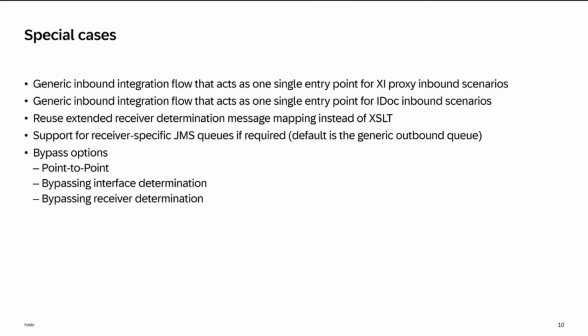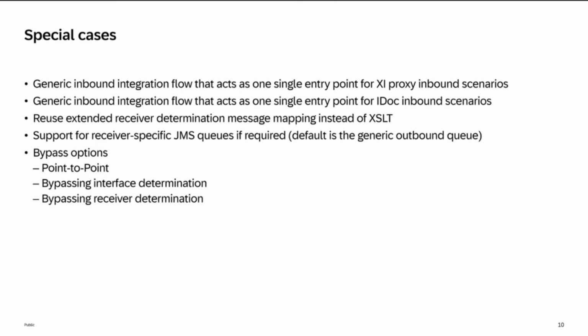There is a possibility, if you come from PIPO and you have probably used the so-called extended receiver determination, right, where you run a mapping to determine the receivers, that you reuse this extended receiver determination instead of the XSLT. There is also an option that you use receiver-specific JMS queues, right?